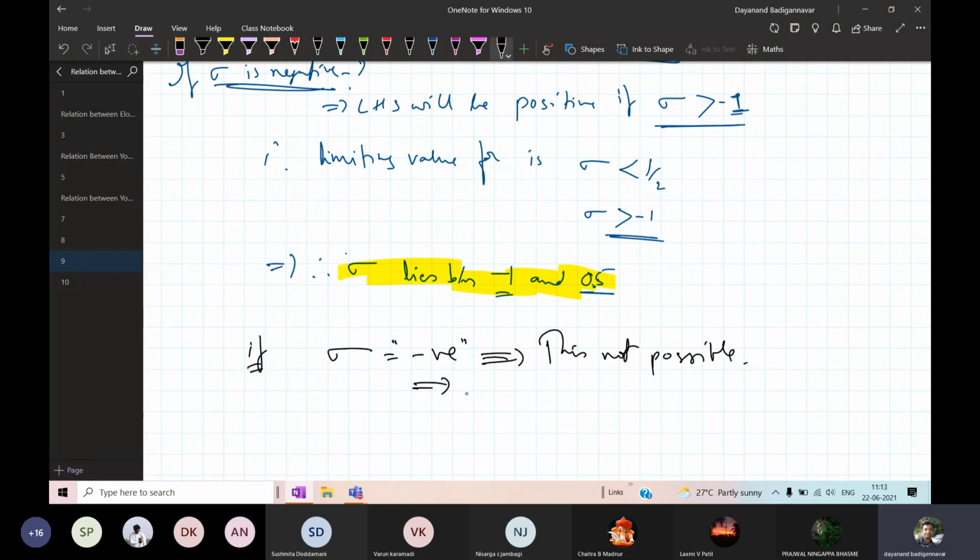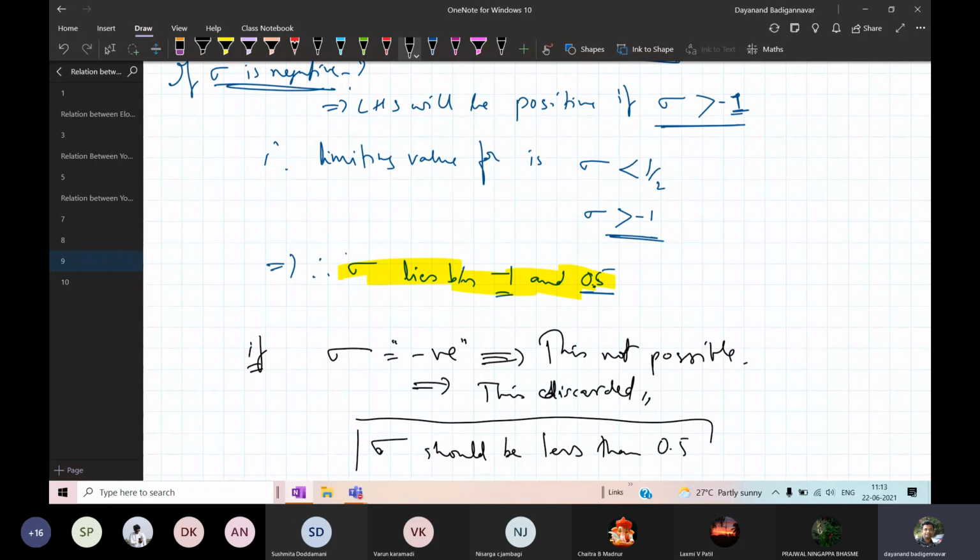Therefore we will discard this part, and we will only say that the sigma should be less than 0.5. If it is less than 0.5, then it is correct. Then it is working in a perfect mode.